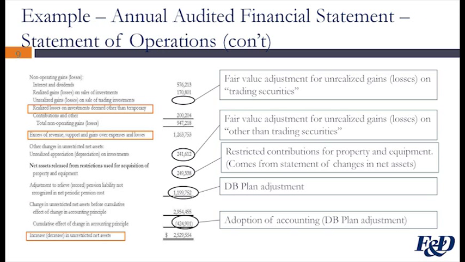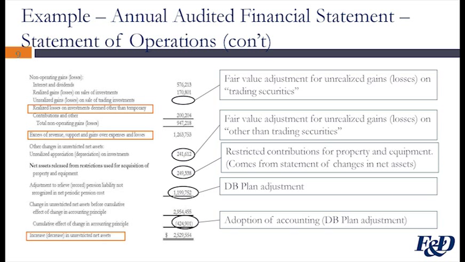Now the next section, the second operating indicator, is the excess of revenue, support, and gains over expenses and losses, which is obviously a mouthful, but basically gets us into the second part of the statement of operations, which is your non-operating gains and losses. And that's really activities that are peripheral to the operations of the organization.